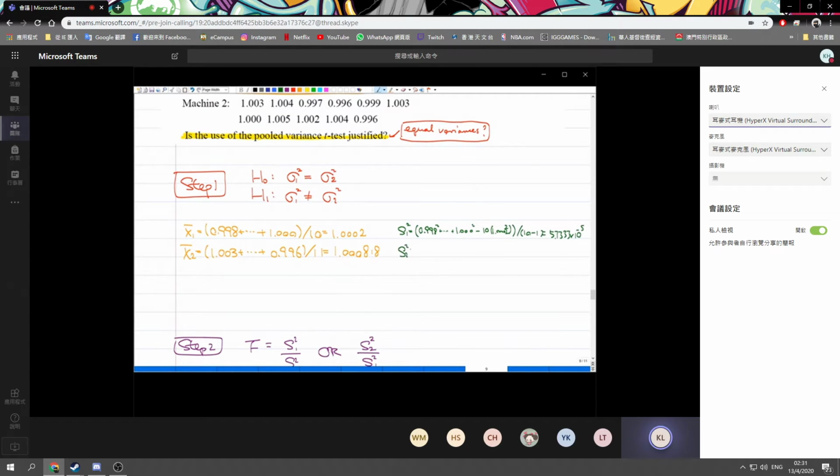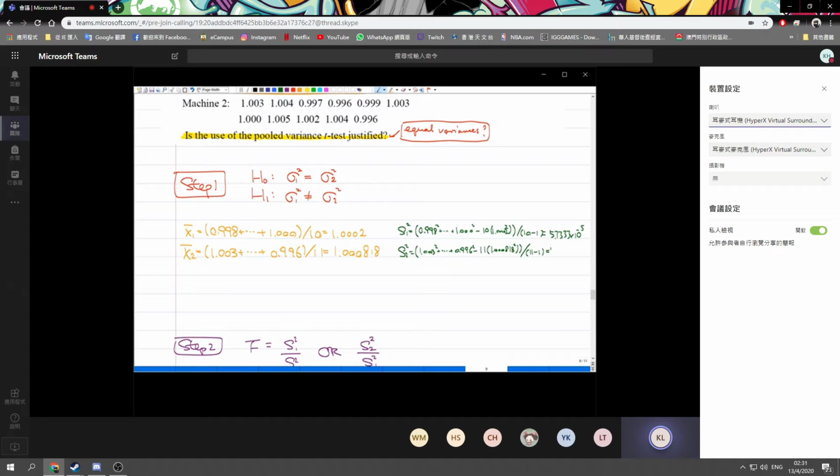And then another group: 1.003 squared plus dot dot dot up to the last one in the group, 0.996 squared, minus 11 times the square of the average, divided by 11 minus 1.